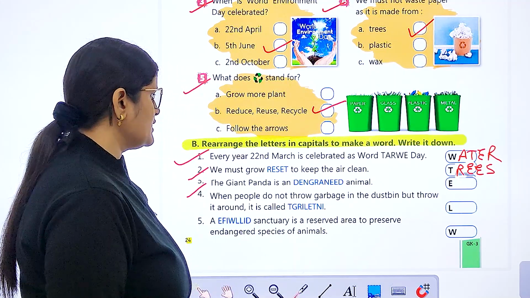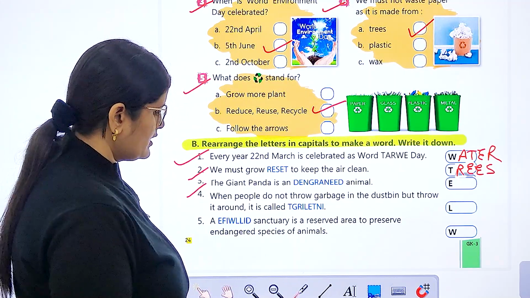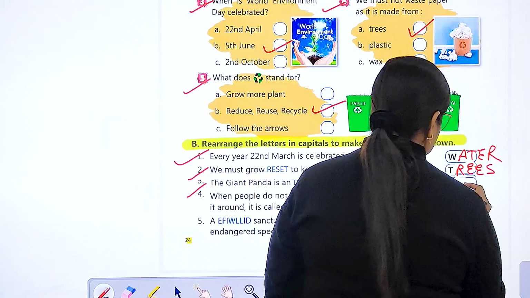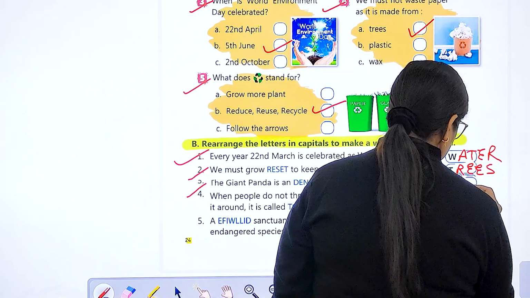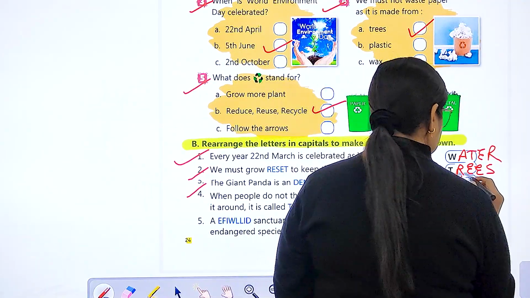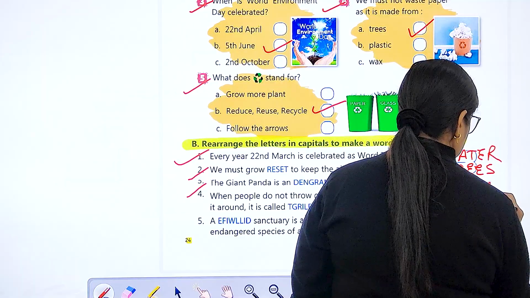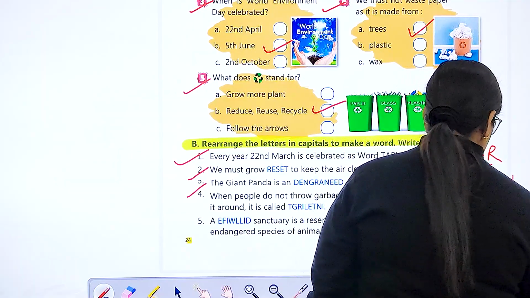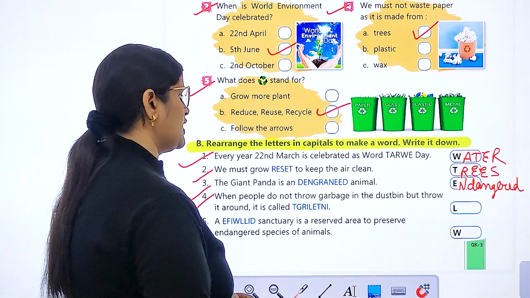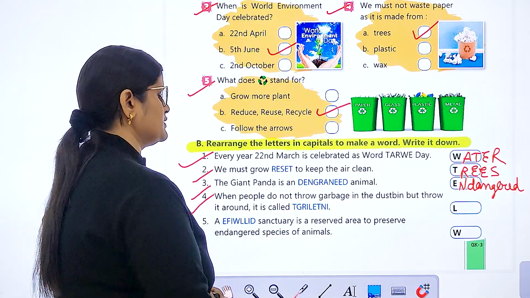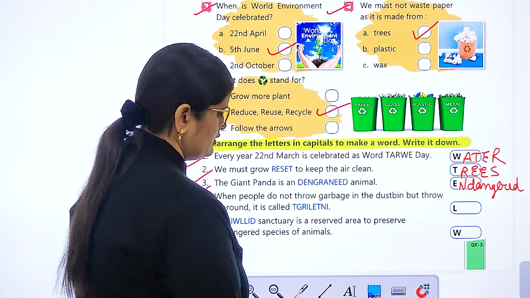The giant panda is endangered. Animal. When people do not throw garbage in the dustbin but throw it around, it is called littering.